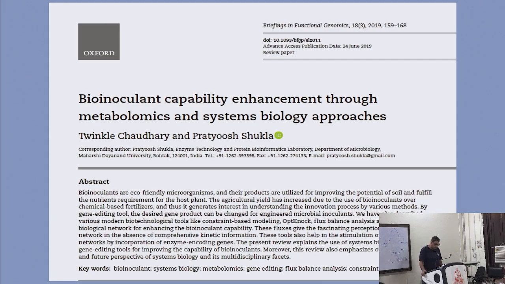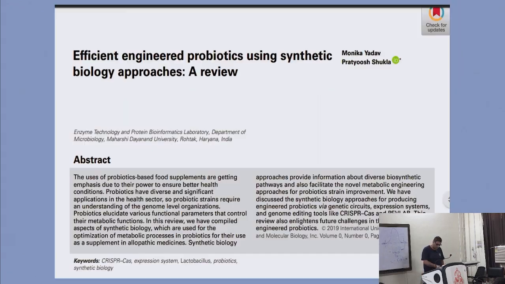This is also one review which I have shown you about bioinoculant capability, for those who are working in the bioinoculant and PGPR area, especially the plant growth promoting area. You can use these tools given here, and here also we discussed flux, which has not been covered in the tutorial because that was not part of this curriculum. So the flux part also you can think about.